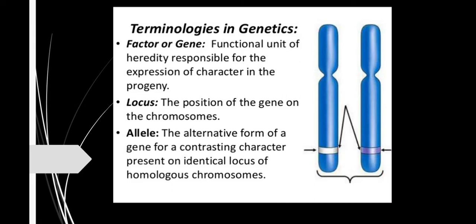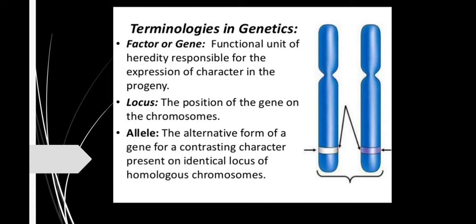The first terminology we are going to learn is a factor or a gene, the functional unit of heredity which is responsible for expression of a character in a progeny. We know that during sexual reproduction or during any reproduction, the characters from the parents get passed on to the offspring, and it is the genes which help to transmit the characters from the parents to offspring.